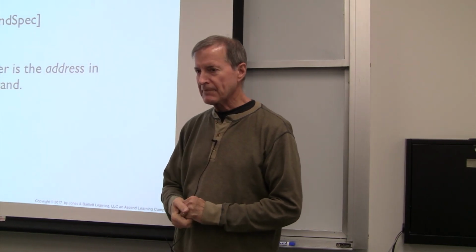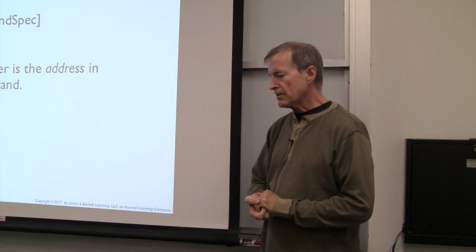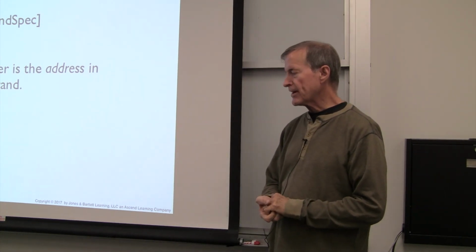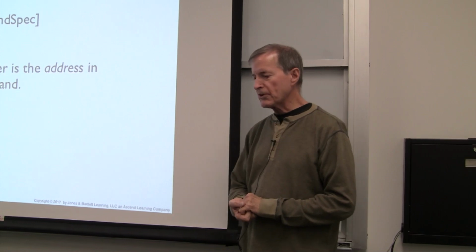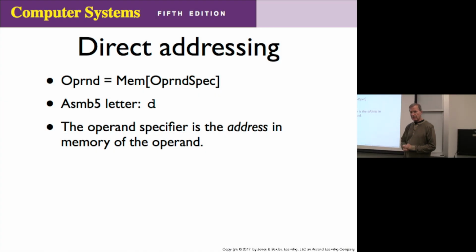You got the email. So what we want to do today is talk about a new addressing mode. First, let's review what direct addressing is. With direct addressing, the operand specifier is the address in memory of where the operand is.